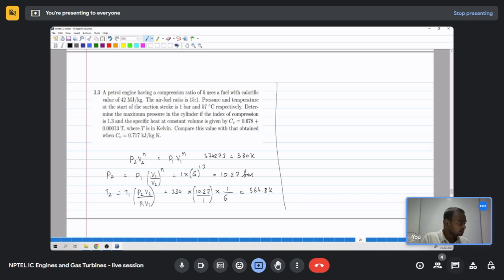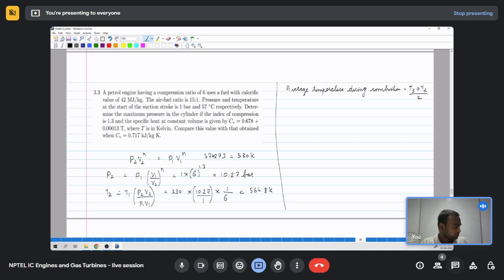Now we know average temperature during combustion, this is T3 plus T2 by 2, right?